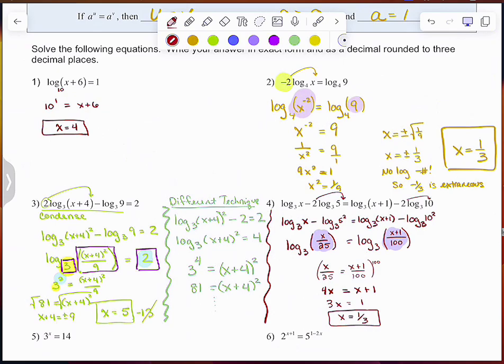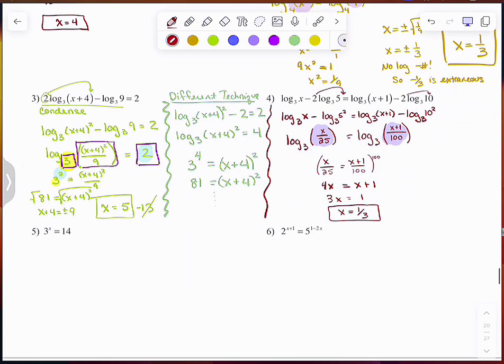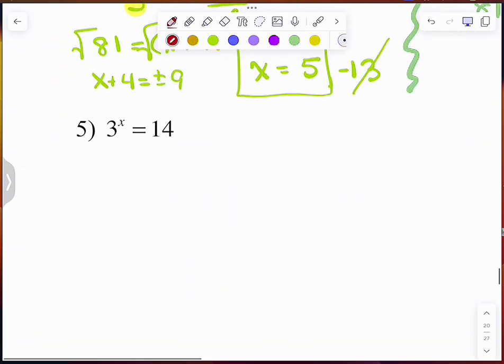So that's like 4 different ways that you could be working with logs. Now, if you start with an exponent, the only way to get x out of an exponent is to rewrite this using what you know about logs. So log base 3 of the answer equals the power.